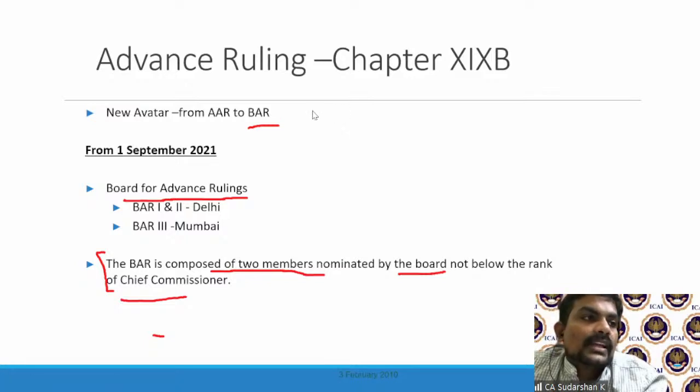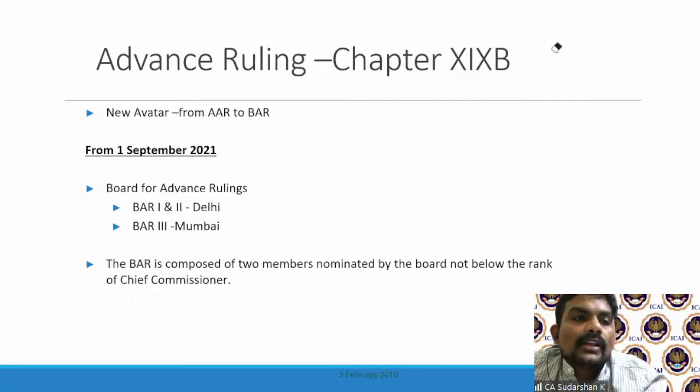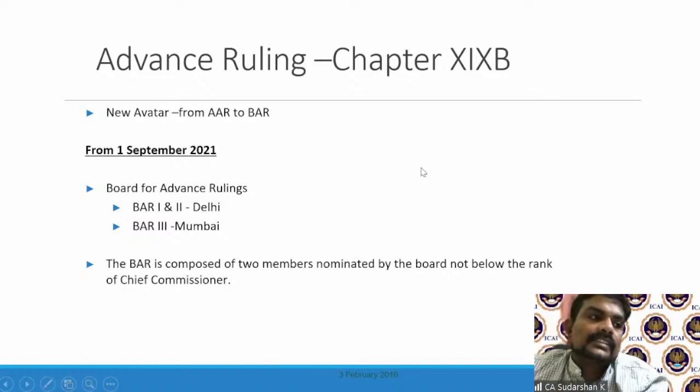So one needs to wait and watch whether BAR will be successful, because as a taxpayer, one will be very hesitant to go to BAR, because if it is going to be adjudicated by 2 tax officers, the outcome is going to be mostly against you. So what is the point? All the more I will go ahead with the transaction, and then at the time of assessment, I will face whatever the outcome could be.